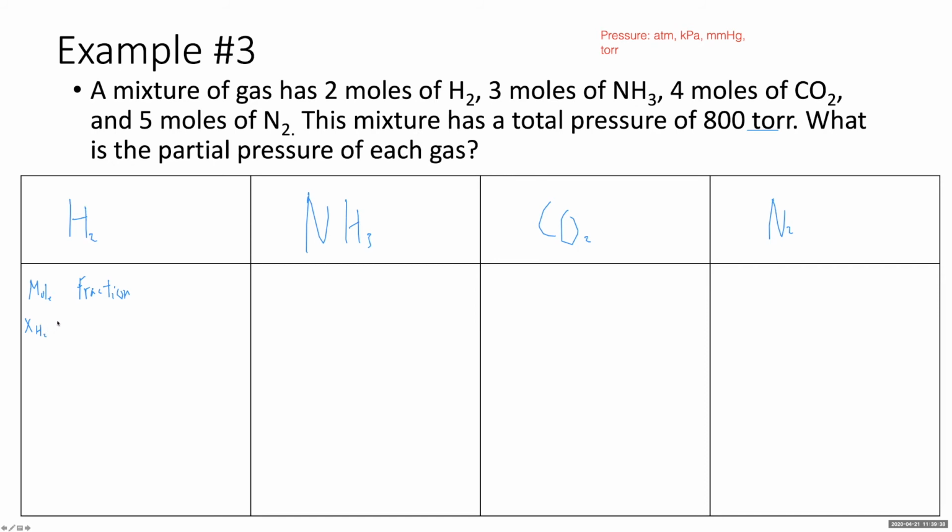So we're trying to find the mole fraction of hydrogen gas. We know its value is going to be 2, so we're going to have 2 on top of this fraction.